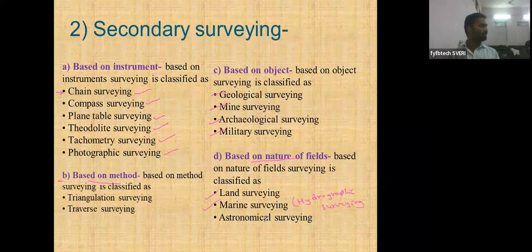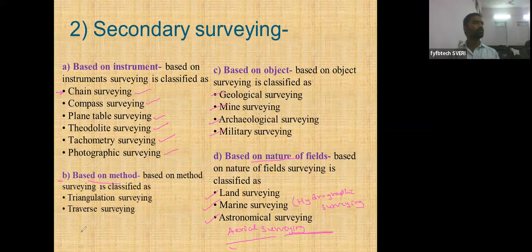Marine surveying is also called hydrographic surveying. Then the third one is astronomical surveying. This astronomical surveying is also called aerial surveying.